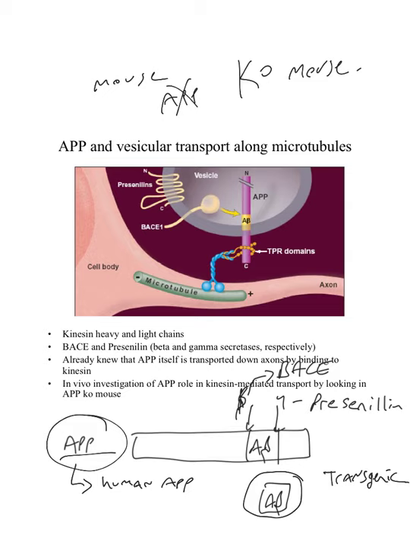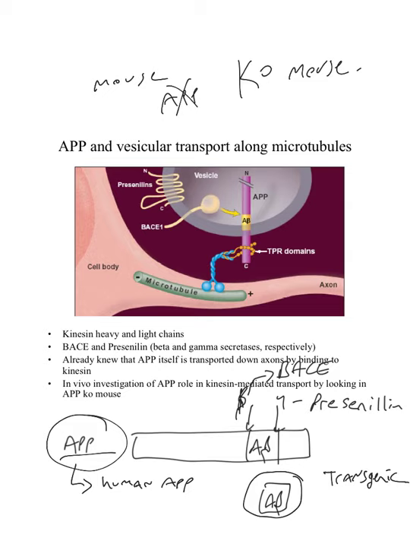So this was done in the year 2001 and published in Nature. So some scientists decided to knock out APP in the mouse to take a look at its function. And one of the surprising observations was the mouse didn't transport cargo along the axon as well as the wild-type mouse did.